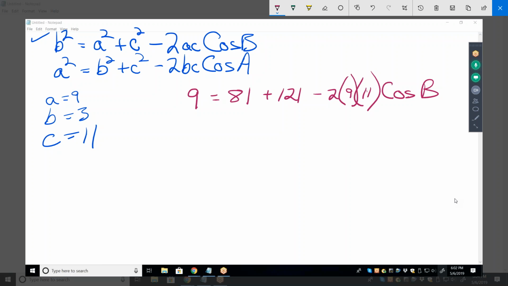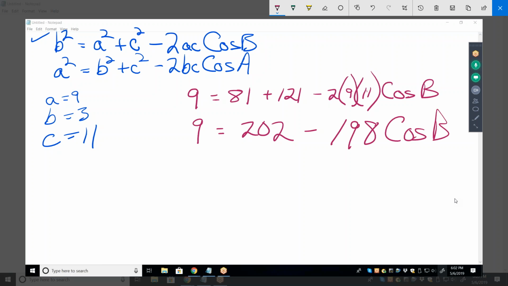Looks right. 9 squared plus 11 squared equals 202, minus, let's see, what's 22 times 9? 20 times 9 would be 180 plus 18, so it should be 198, cosine of B. Now you tell me what the rest of the things I should do.